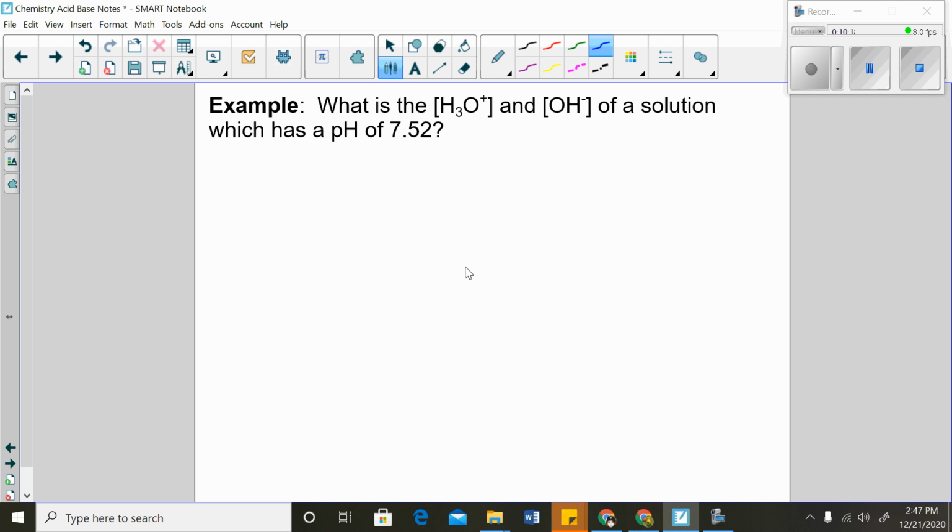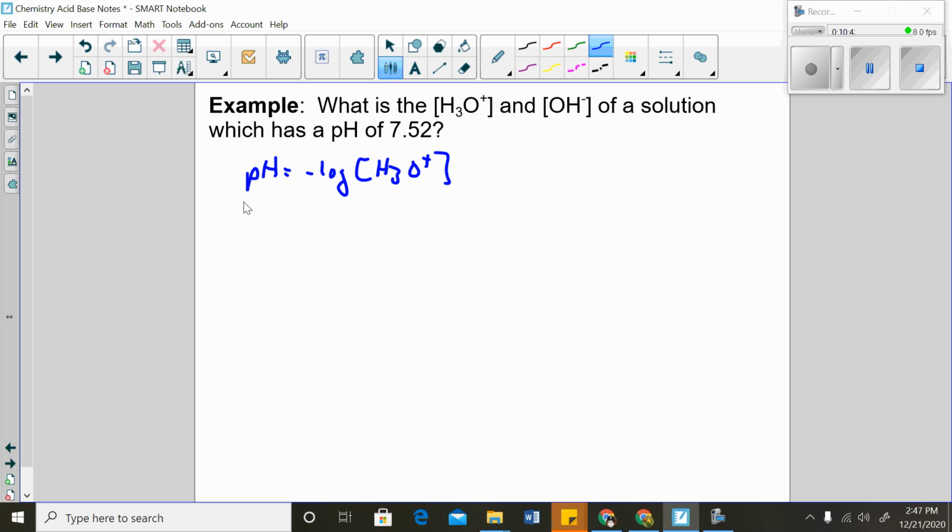All right, so now we have a question asking us what is the H3O plus and the OH minus of a solution which has a pH of 7.52. So how are you going to get both of these? Well, you can only start with what you know. So you know you were given a pH, so you know you're going to use this equation.